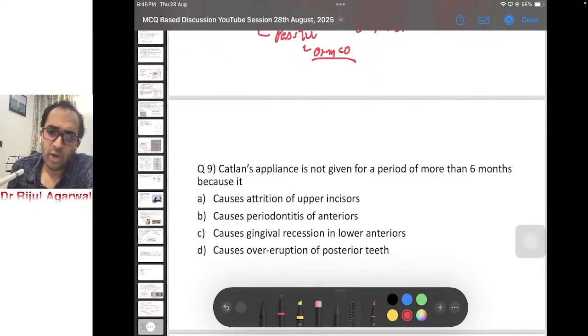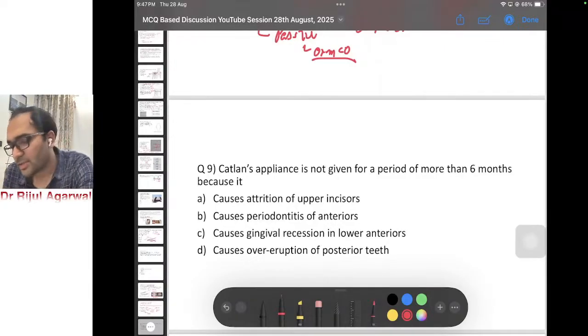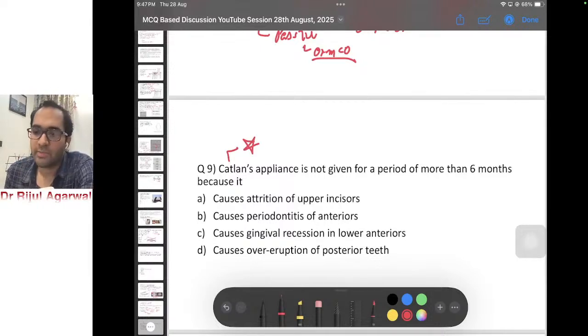Catlan's appliance is not given for a period of more than 6 months because it causes attrition of upper incisors, causes periodontitis of anteriors, causes gingival recession in lower anteriors, causes over eruption of posteriors. This Catlan's appliance is a favorite question of the examiners for anterior crossbite correction.